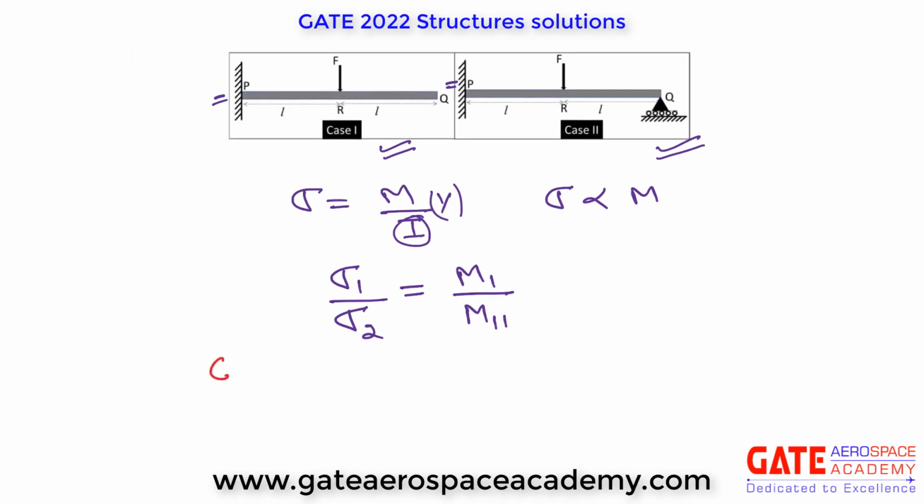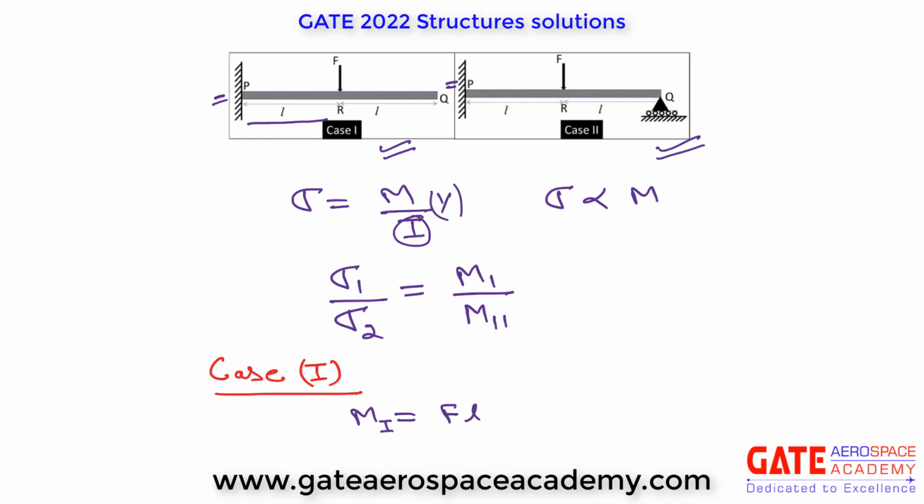So let's find out maximum bending moment for case 1. For case 1, maximum bending moment will be F into L. Here this is L, right? They are asking magnitude, so we are not considering whether it is hogging or sagging moment. So maximum is this for case 1.